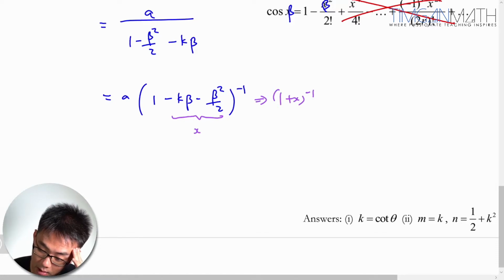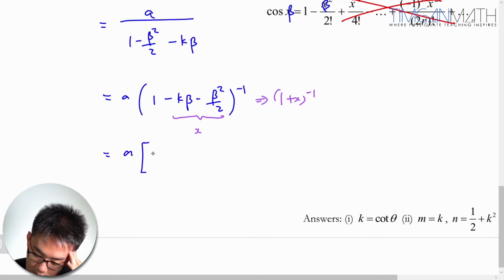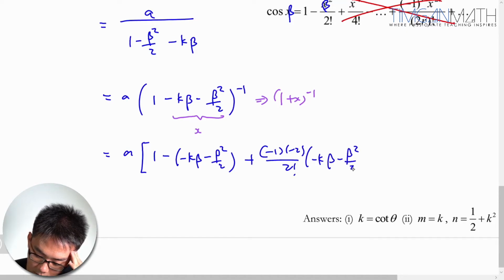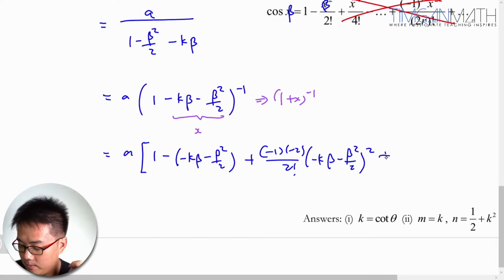Just like that. Okay, so anyway, I'll write it as a(1 - k minus b square over 2) plus (-1 over 2 factorial)(-kb - b square over 2) square plus dot dot.